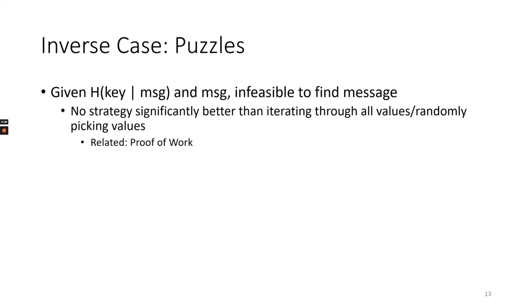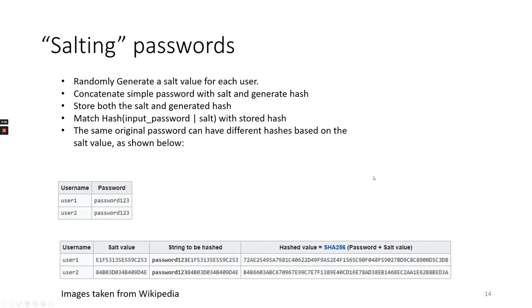This is really important because, especially in the context of blockchains, there's a concept known as proof of work, which directly relies on this. That is, it should be difficult to have any systematic way in which we can guess the original value based on the hash. There should be no real way which is significantly better than just randomly making guesses or just iterating through the space of all inputs. Given this property, this enables an important blockchain application called proof of work, which we will see later on.